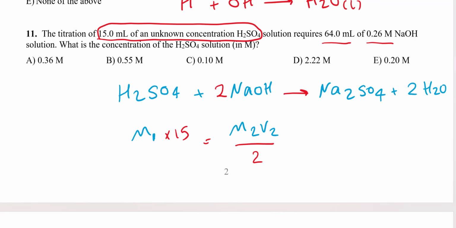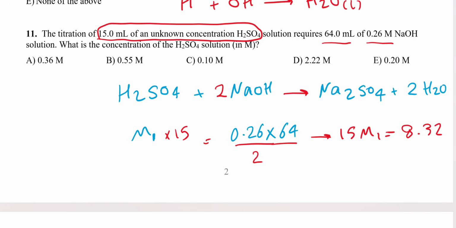The molarity for sodium hydroxide is 0.26, and volume is 64 milliliters. 15 times M1 is equal to 8.32, and if I divide both sides by 15, then these 15s cancel out, and M1 is equal to 8.32 divided by 15, which is equal to 0.55. So the answer is B.